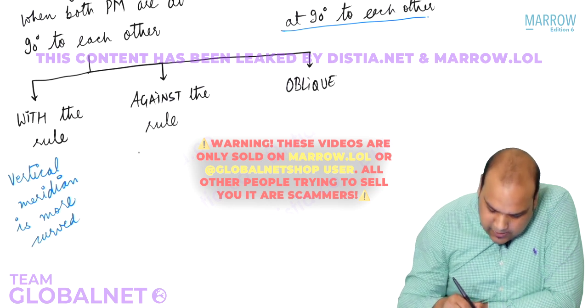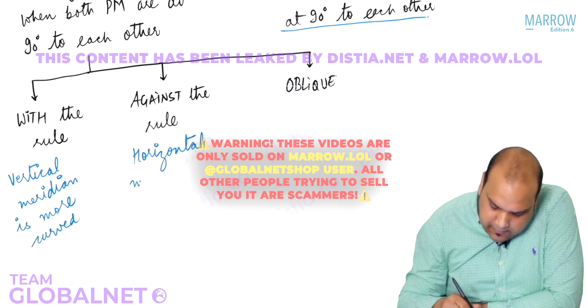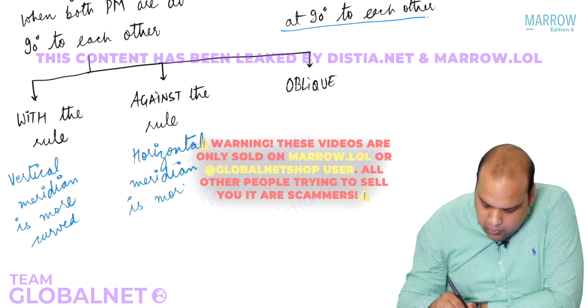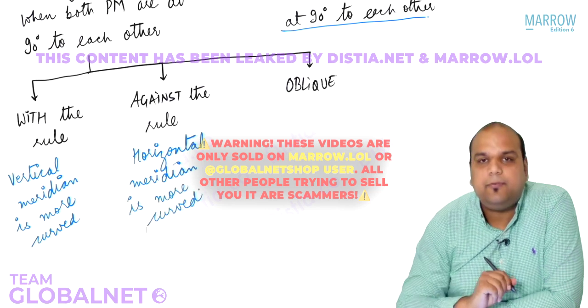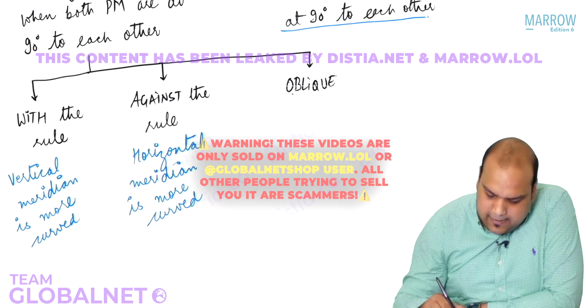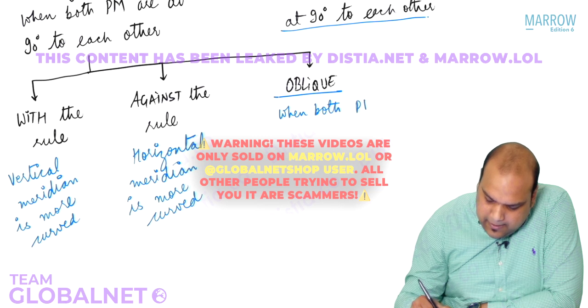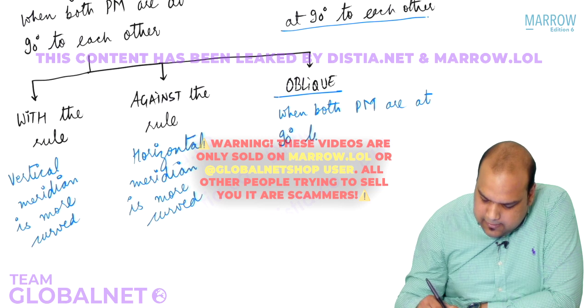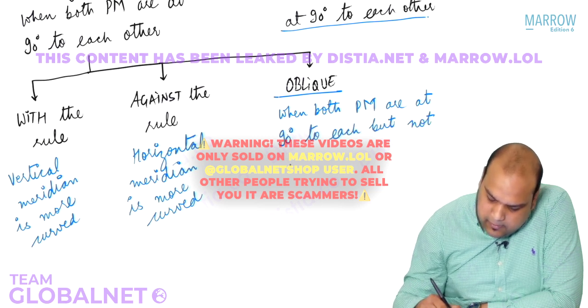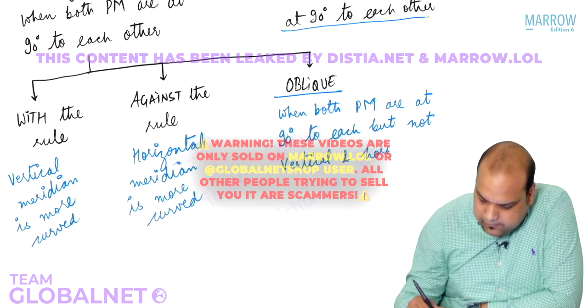Against the rule is said to occur when the horizontal meridian is more curved. And oblique astigmatism is when both principal meridians are at 90 degrees to each other but not vertical and horizontal.